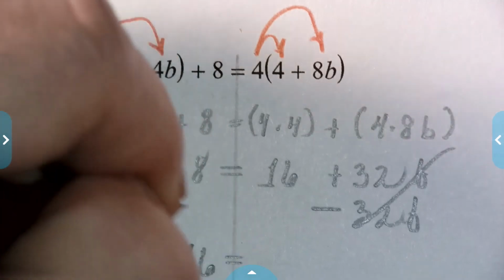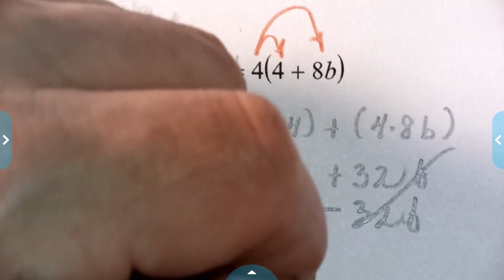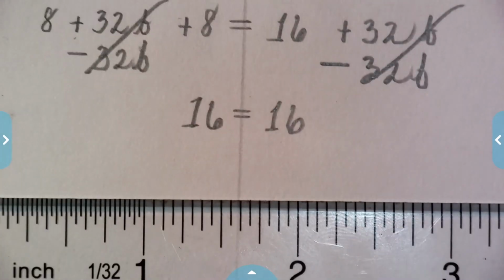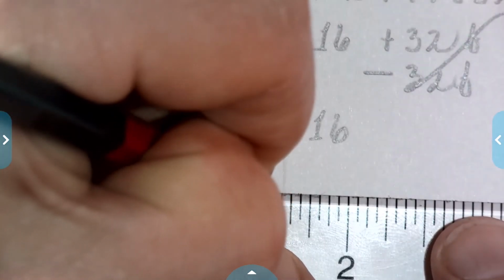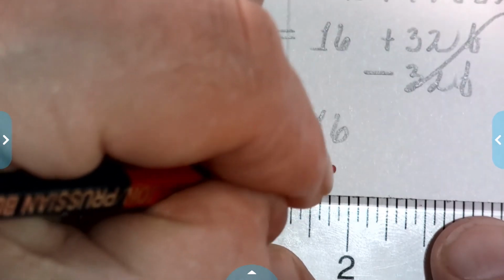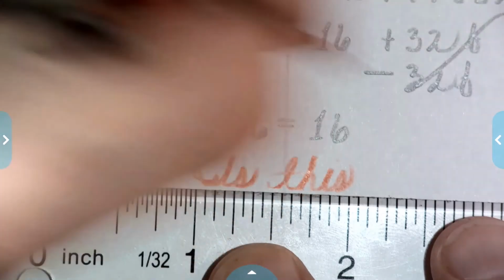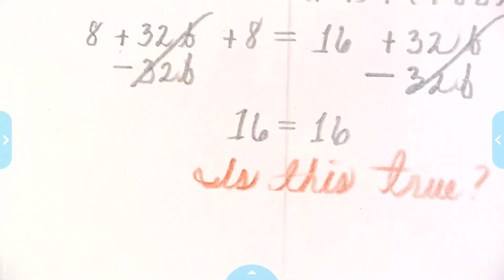And 16 equals 16. So the key thing to do is when you get into a situation where you've eliminated your variables and you're looking at numbers, what you want to do is ask the question, is this true? Okay, is this true?